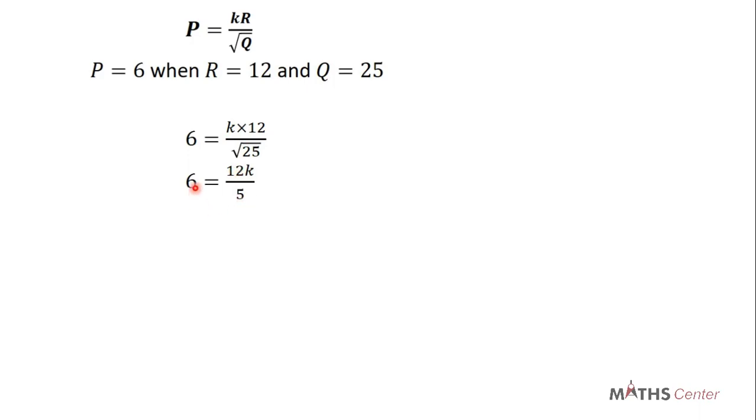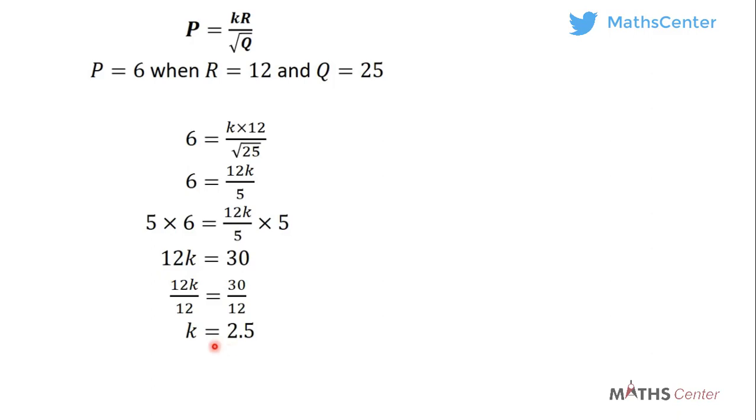And this will give us 6 is equal to 12K divided by 5, since square root of 25 is 5. To find the value of K, I'll multiply the left hand side by 5, the right hand side by 5, and this will give us 12K is equal to 30. We divide both sides by 12 and K is equal to 2.5.